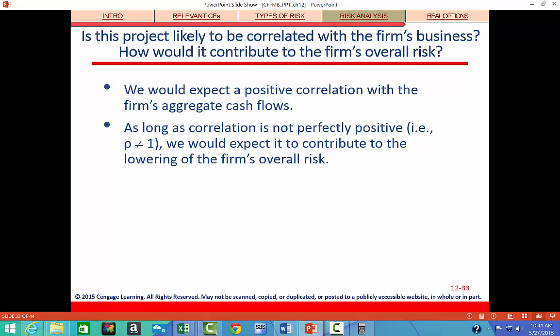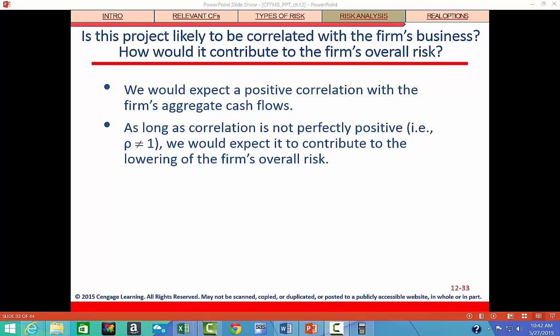And then we have another question. Do we think that this project is highly correlated with the firm's other assets? Well, it is reasonable to assume that if the economy is strong and people are buying a lot of the product that this company is making, then sales would be strong in all of the company's lines.